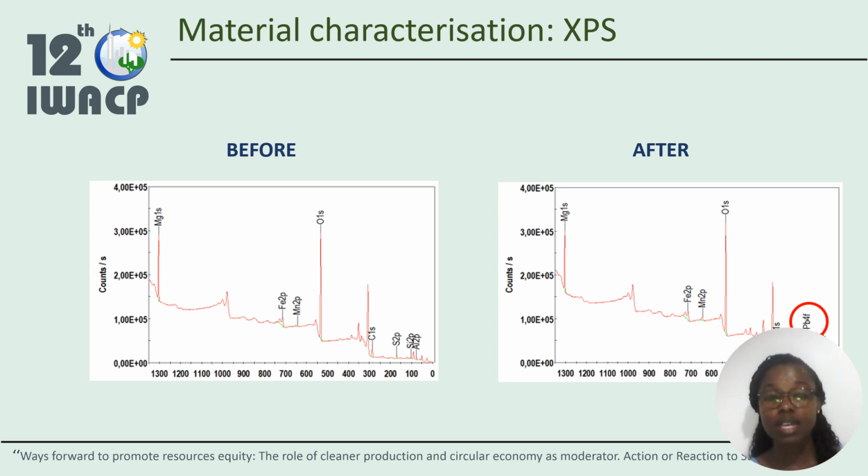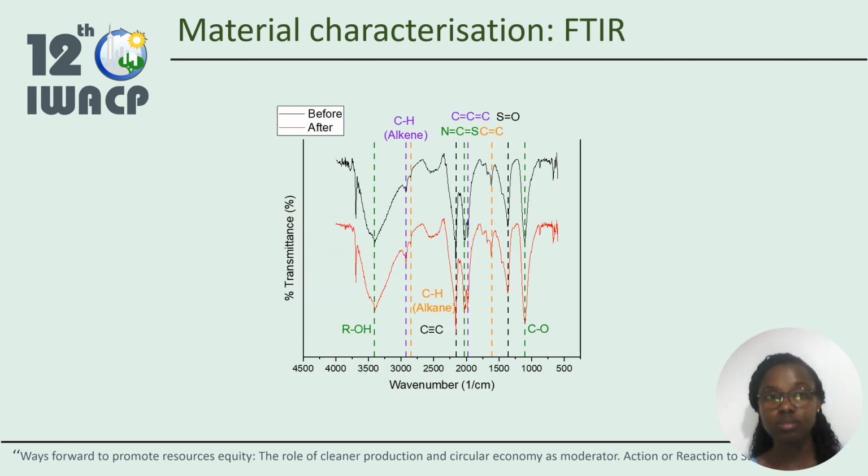The XPS further serves to prove that the lead was indeed adsorbed onto the MIW sludge. FTIR before and after adsorption shows no sizable difference in the peaks, which suggests that the material is quite stable. This is also seen on the SEM images.